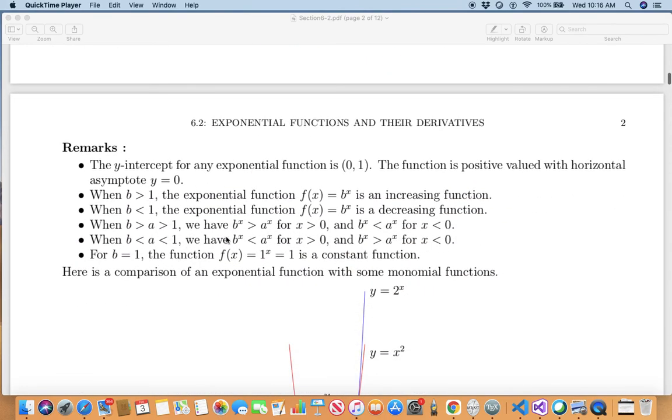The whole point is, as long as a base b is bigger than base a, its exponent will be greater than a power x. That will happen for x positive. Likewise here, a is bigger than b, so a power x is bigger than b power x for x positive. For x negative, they flip.